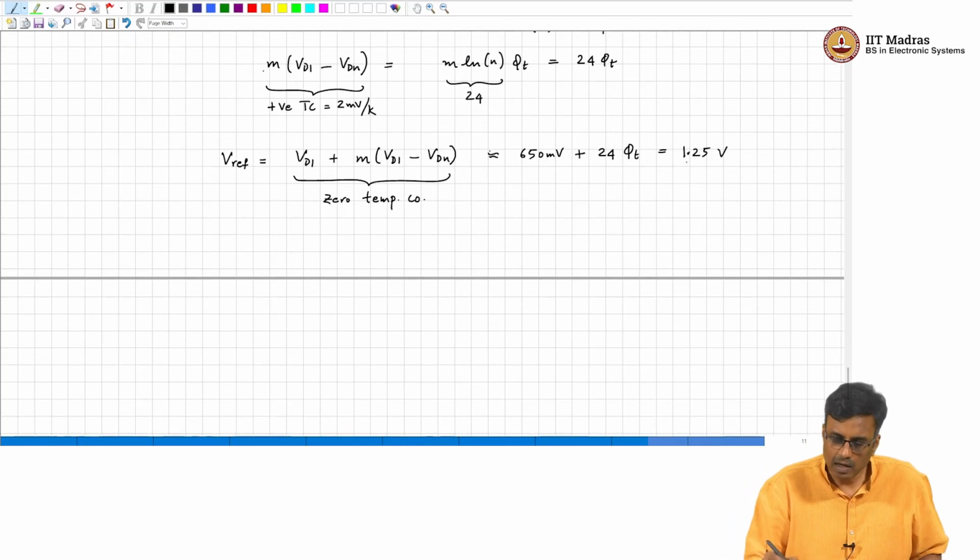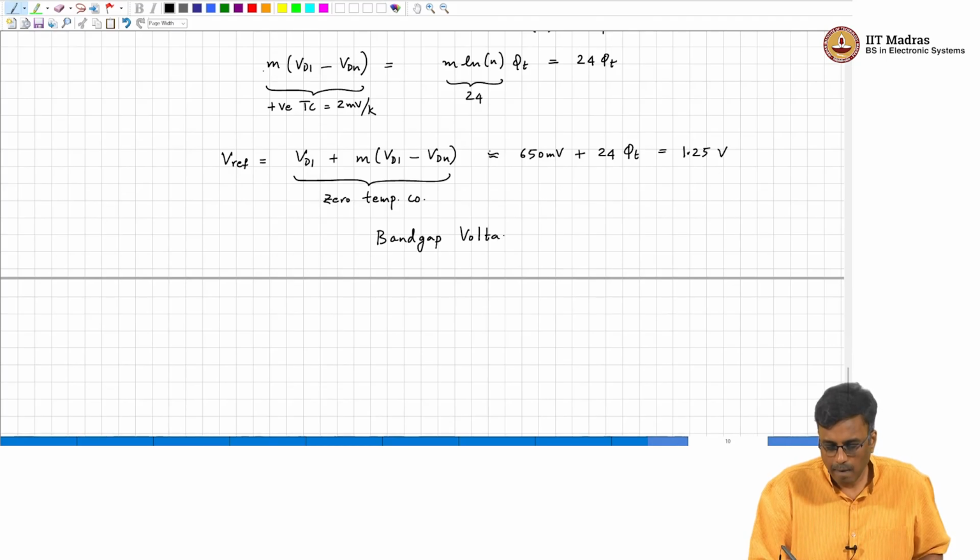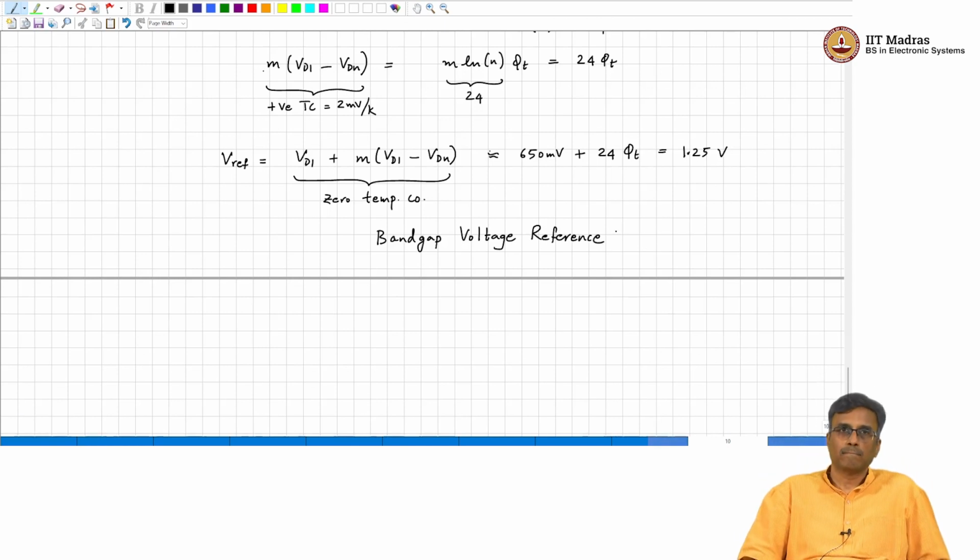So, this is often called the band gap voltage reference. Is that clear? And it is roughly about 1.25 volts.